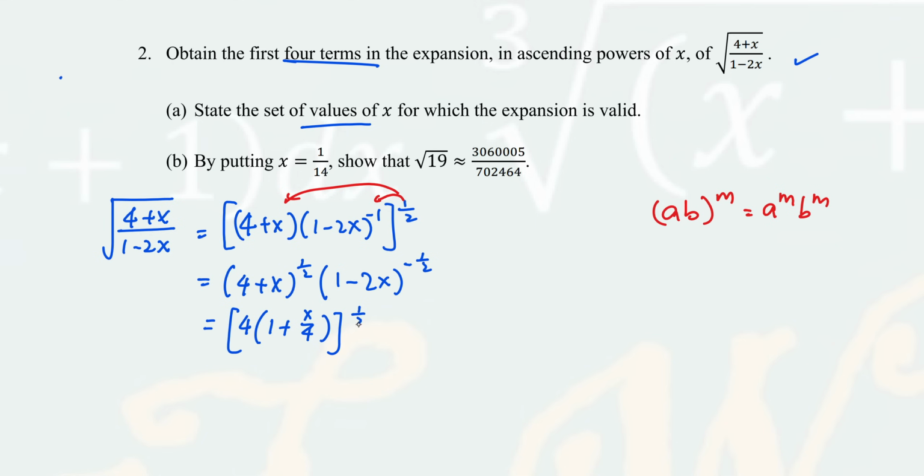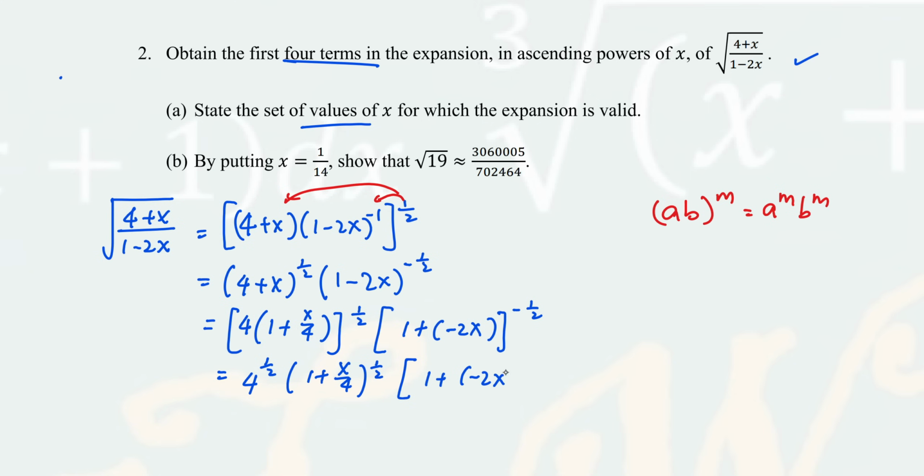Now to the power half, multiplied with 1 plus negative 2x to the power negative half. The power half for the first term brings in 4 to the power half, then 1 plus x over 4 to the power half multiplied with 1 plus negative 2x to the power negative half.